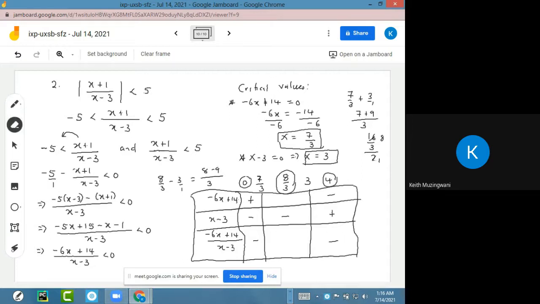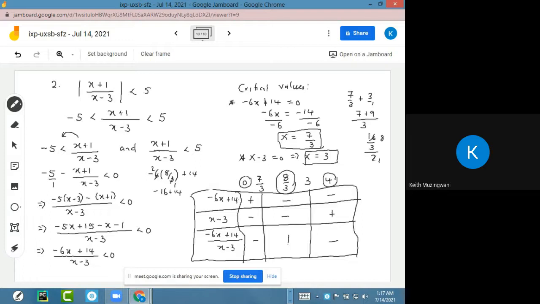What about the other one? So let's use this same space to create the other. It will be negative 6 multiplied by 8 over 3 and then add 14. So we have negative 16 plus 14, which is negative.